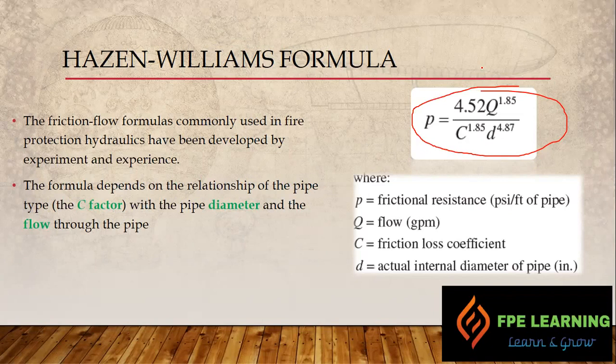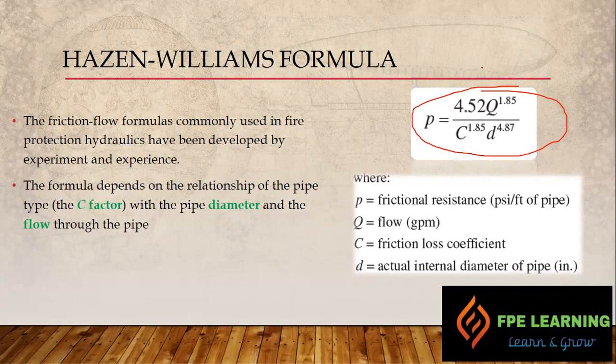So just imagine for a moment, if we have higher flow at the top, and the diameter and the C factor of the pipe are fixed, if the flow is higher, the value of P, which is the frictional loss, is going to be higher.